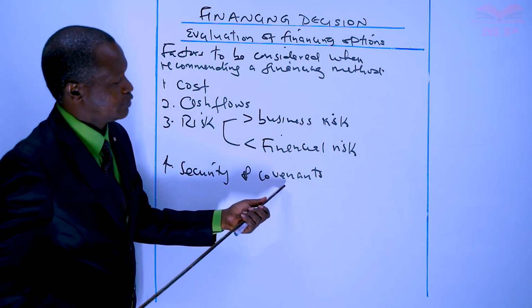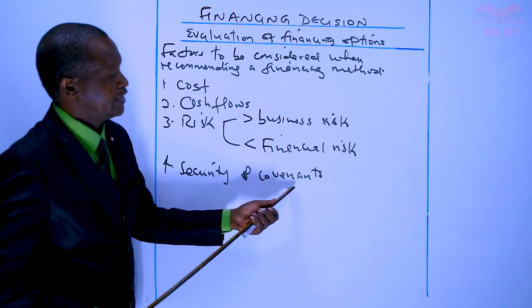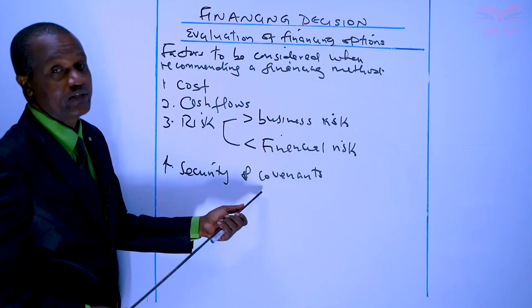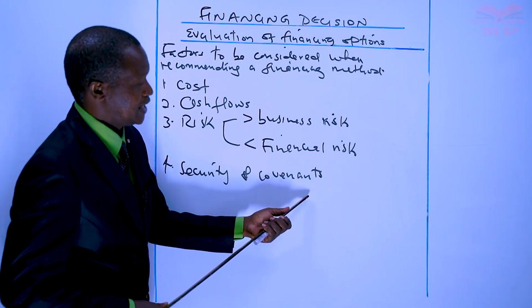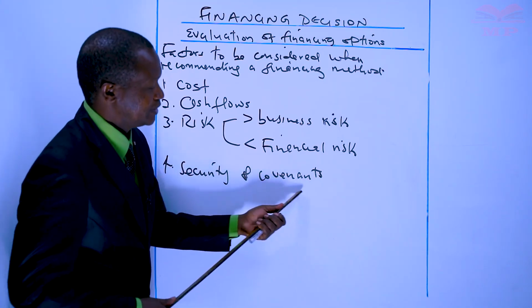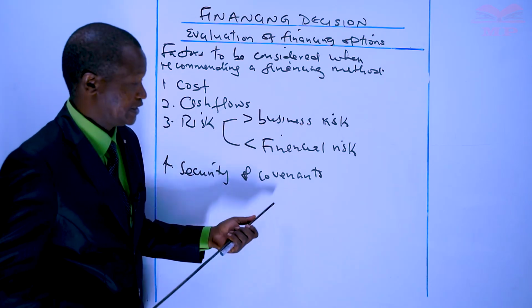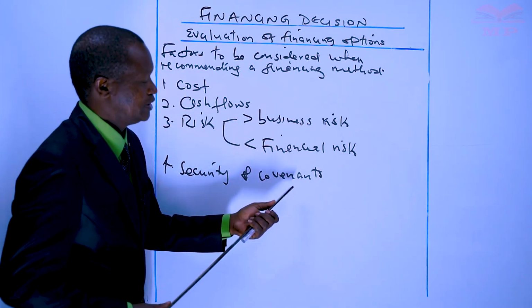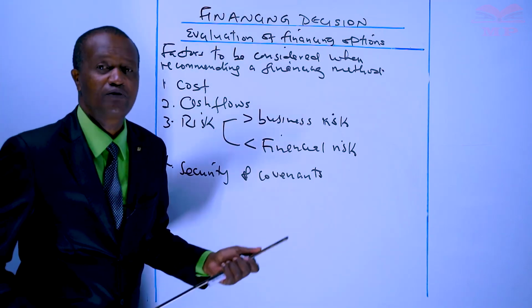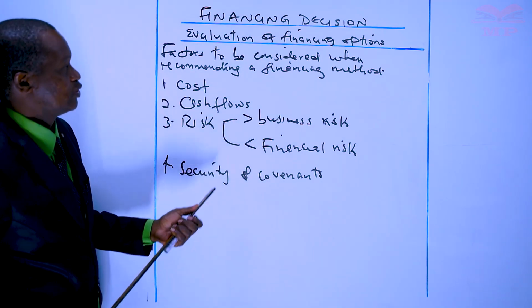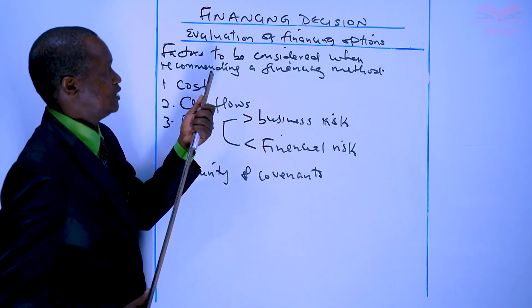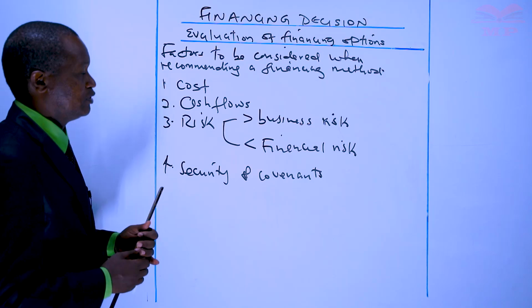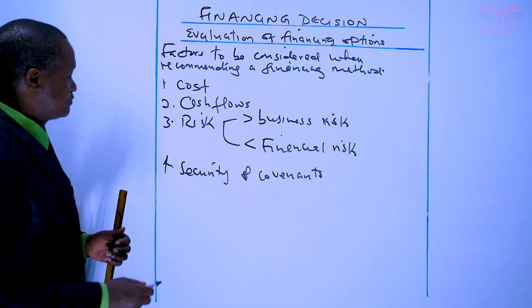So the providers of debt may require a company to maintain a certain level of liquidity, and that may be contained in an agreement which a company may be required to sign. So the company ought to evaluate whether it will be able to maintain a certain level of liquidity. So when evaluating financing options, it's important to consider the possible covenants.